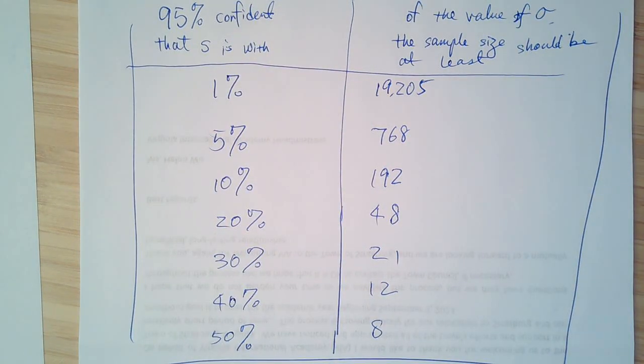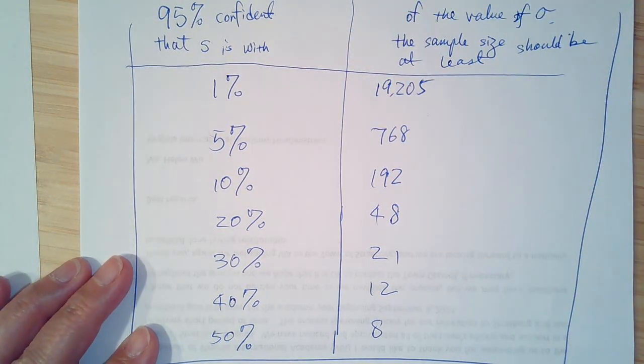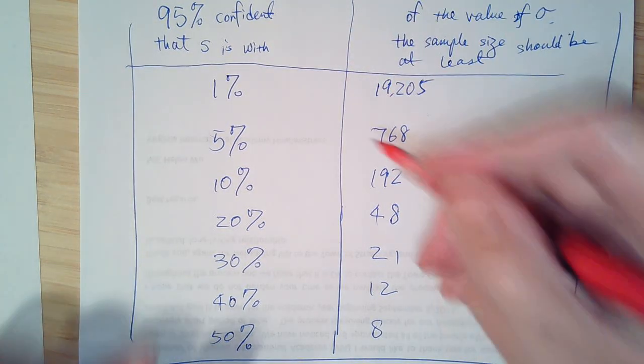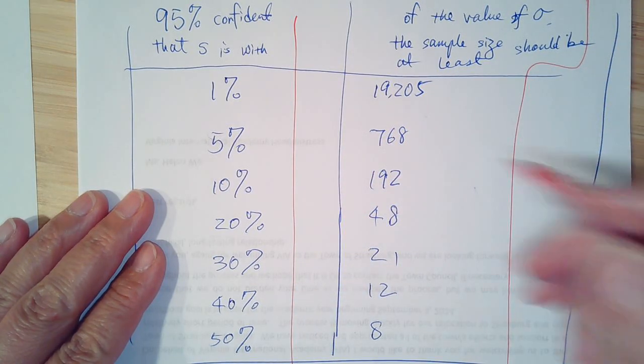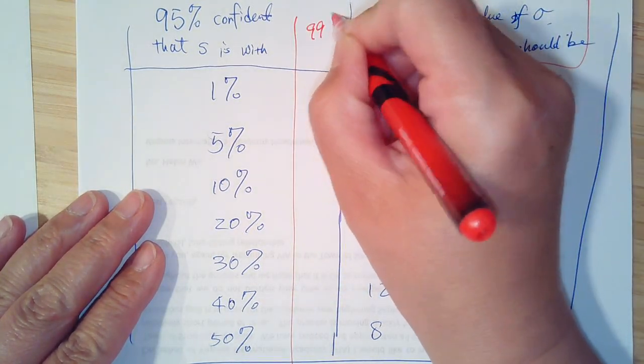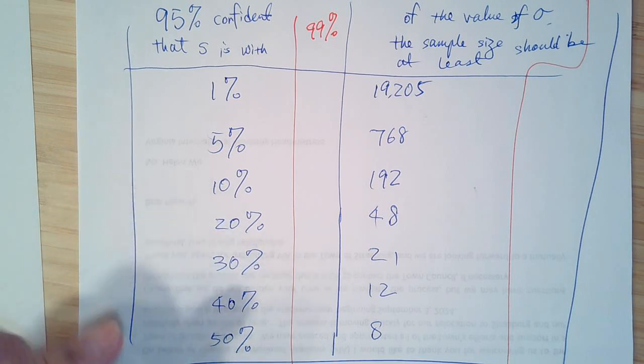And there's another one for 99. So for 99, I probably want to use the red color. And you'll be given these two tables during your quiz.